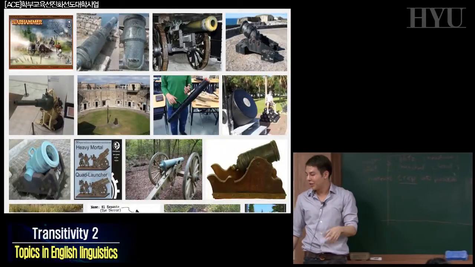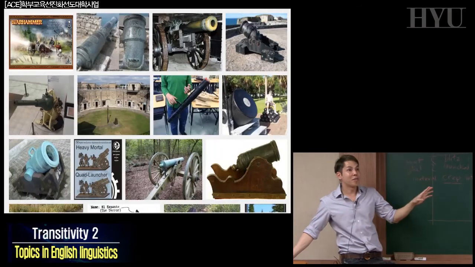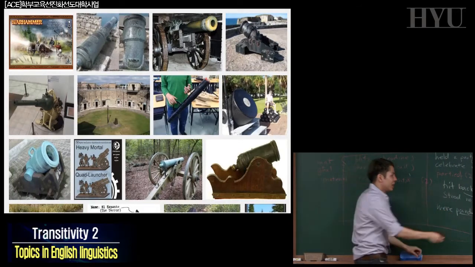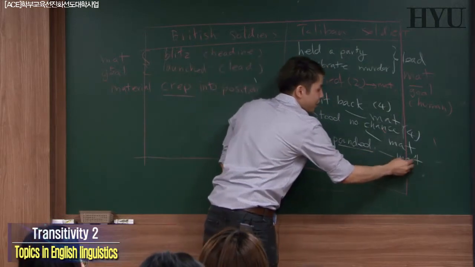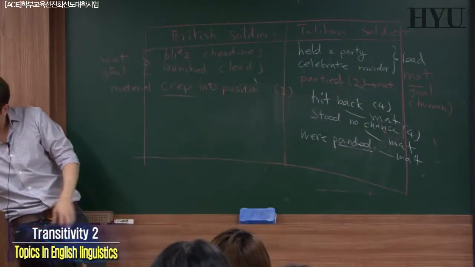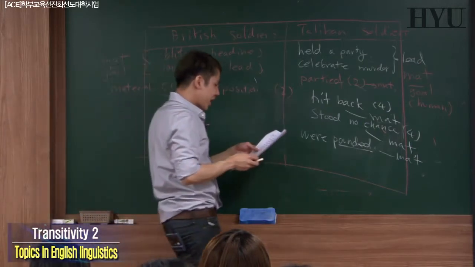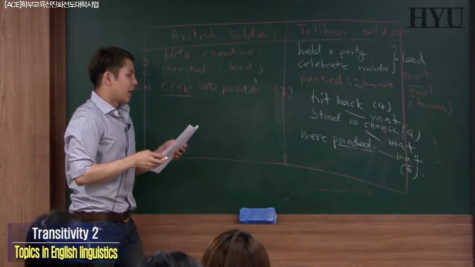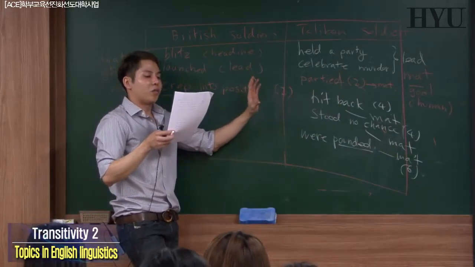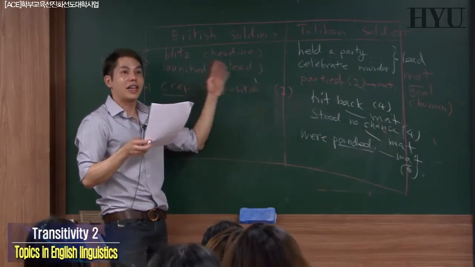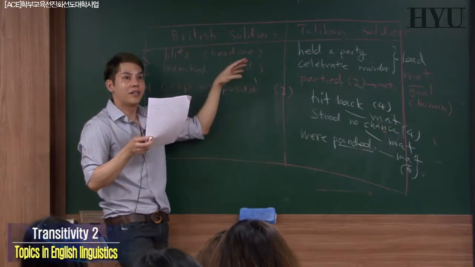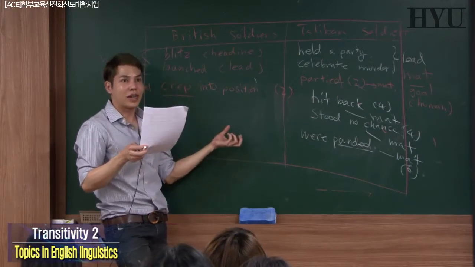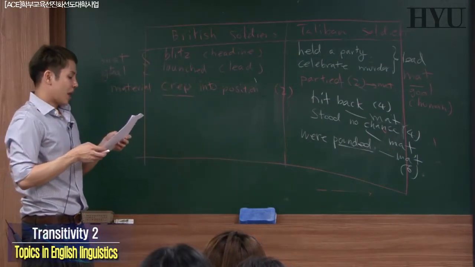So were pounded, that's a material process. We don't care whether it's passive voice or active voice when we classify the process. This is clearly the material process in line 6. But we know that it's in the passive voice and it highlights the goal. The terrorists were pounded, so they are highlighting the effects, that they were pounded, right?